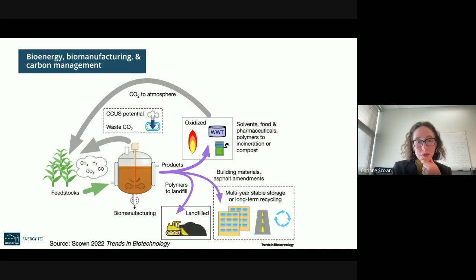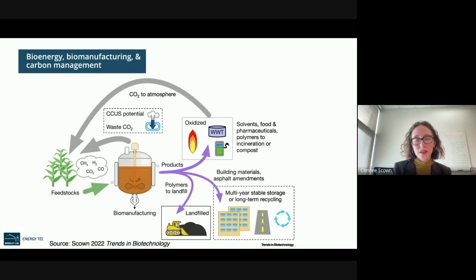So things like sustainable aviation fuels. But the bioeconomy has also become interesting for a couple of other reasons. One is producing a diversity of products that we currently make from petrochemical manufacturing. The sense is, if you want to become independent of fossil fuels, you have to become fully independent.